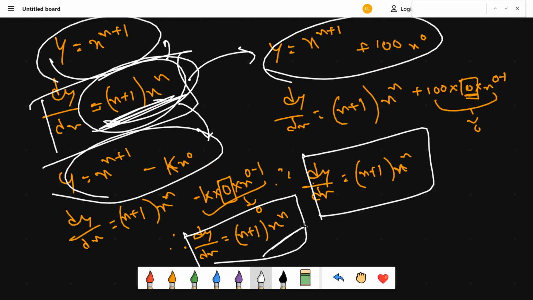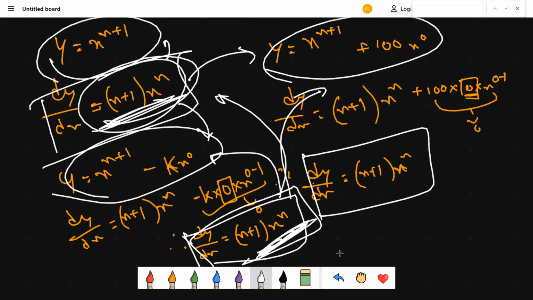If we integrate this dy by dx, n plus 1 x to the power n, should we get this one or this one or this one? From which of these functions did we get it? It could also be some other value as well.